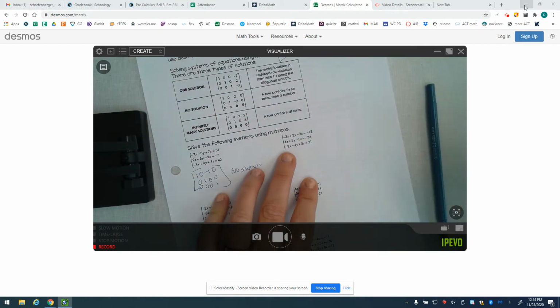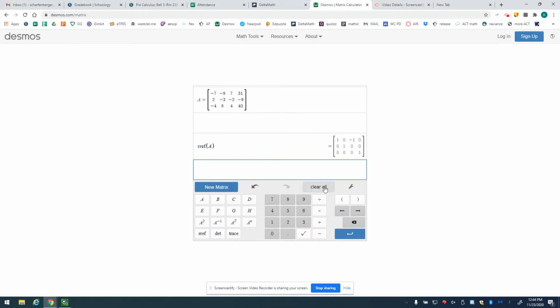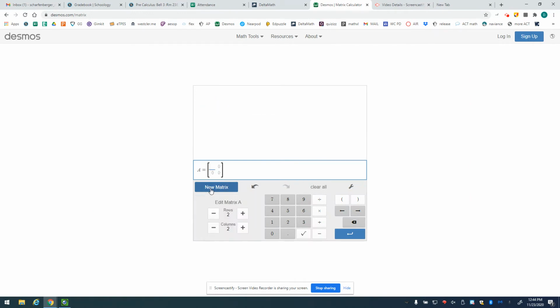So this next one, I'm going to type that one now into Desmos. I'm going to clear everything and make a new matrix. I need 3 rows, 4 columns.